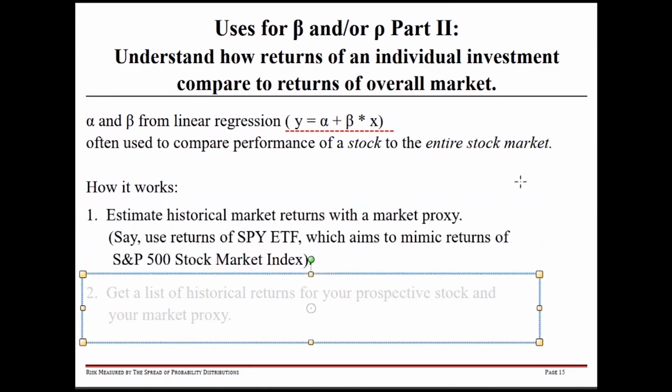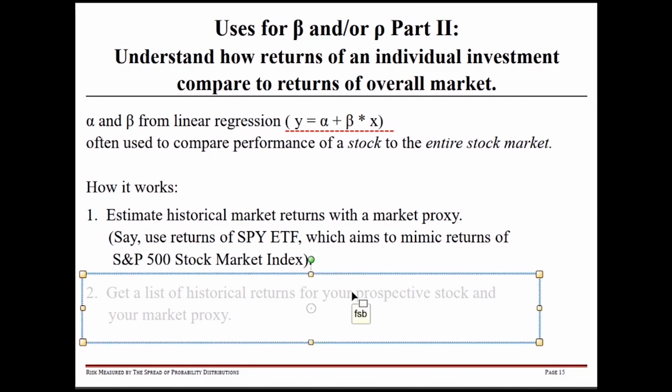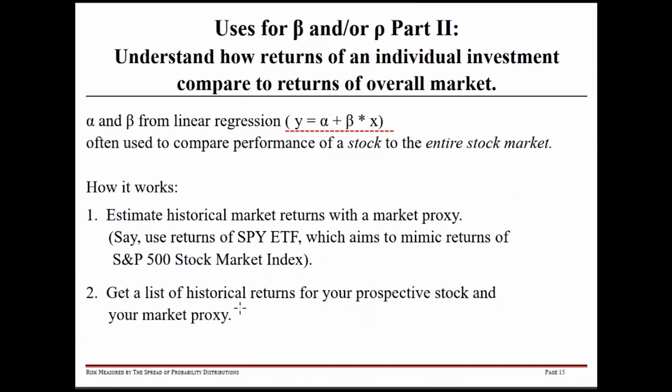So how do we compare an individual ETF or stock or something like that to the market? Well, we go out and we get our bunch of historical returns for our market proxy, which is typically going to be the SPY ETF or something like that, and then get a similar list of historical returns for our prospective stock or ETF.